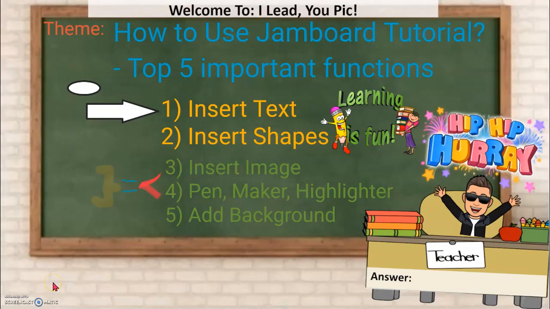But we'll break this video down into 2 parts, and in part 1 we will focus on insert text and also insert shapes, and these 2 wonderful tips will already be able to beautify your assignment, your presentation, or even your mind map.